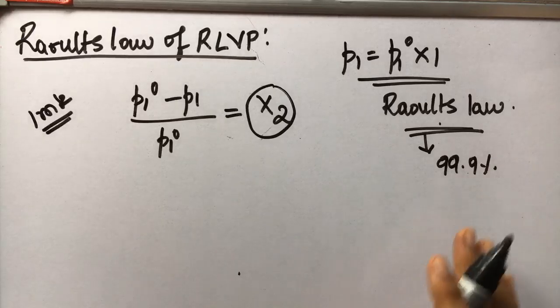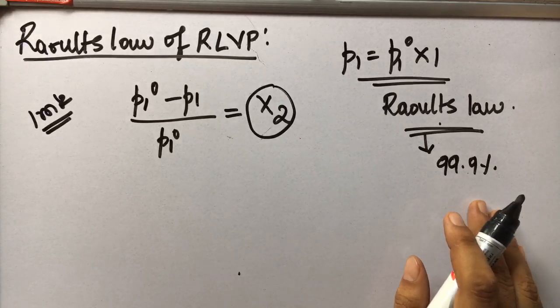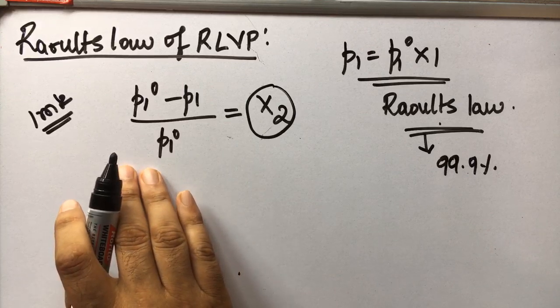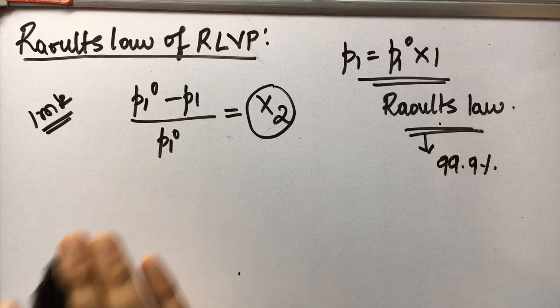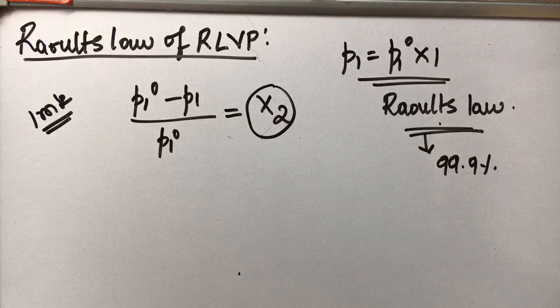So many times this is asked, but this statement is also given in your study material, so please do refer to that. Now we have to study the next concept, that is elevation in boiling point.